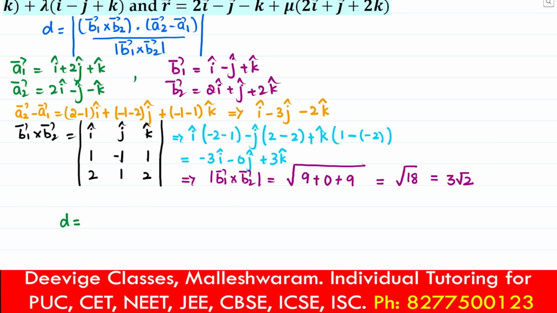D is equal to b1 cross b2, which is −3 i cap − 0 j cap + 3 k cap, dot with a2 minus a1, which is i cap − 3 j cap − 2 k cap, whole divided by 3 root 2.